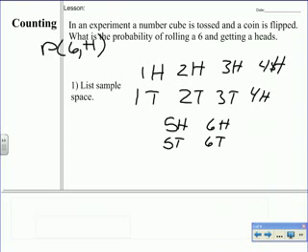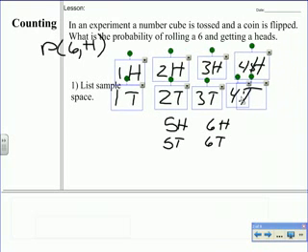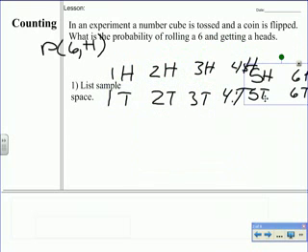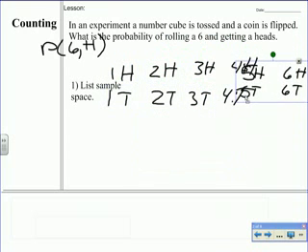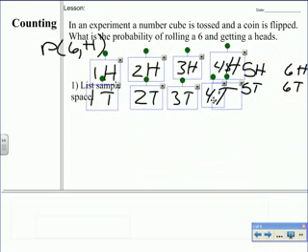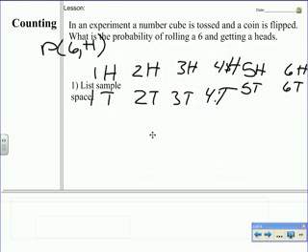Of all the different outcomes I could have. Eight for each choice. All right, so there's my sample space listed.